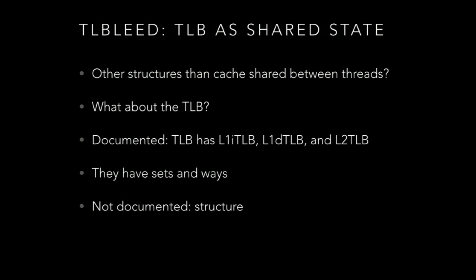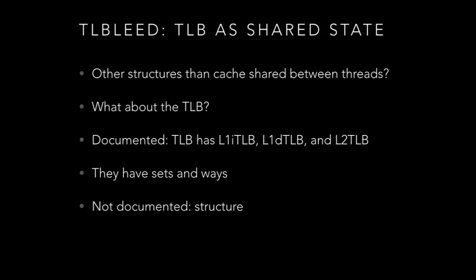So what we know about the TLB is that it has a low level, the L1, which is very fast and relatively small, and L2 is larger. We know, according to the documentation, that it's partitioned into these things called sets and ways.